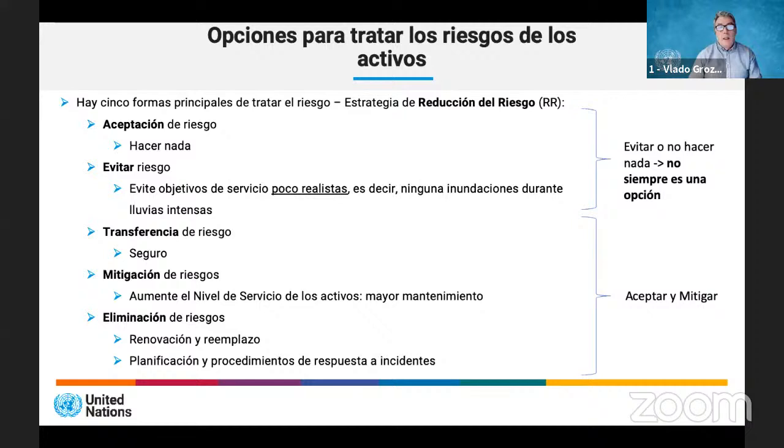And then increased level of service with increased maintenance, which is a mitigation measure, and we have to estimate how much cost will be needed for increased maintenance for the next period of time. Or risk elimination, it's renewal or replacement. Then we eliminate the risk by renewal or replacing the assets with new ones. Thank you. Next slide.